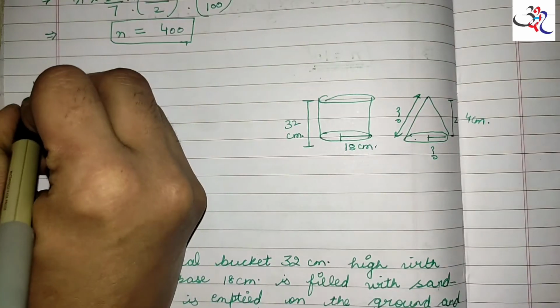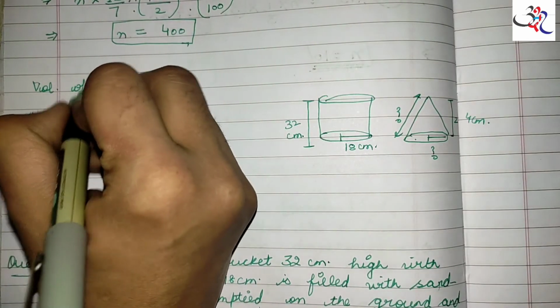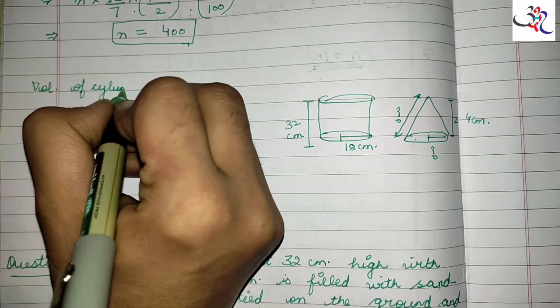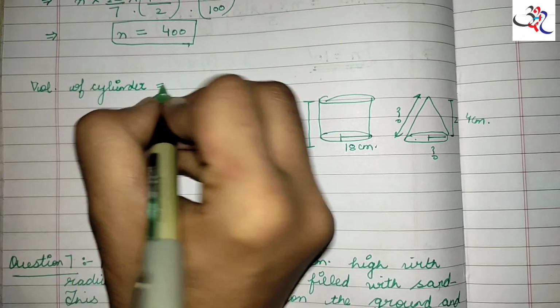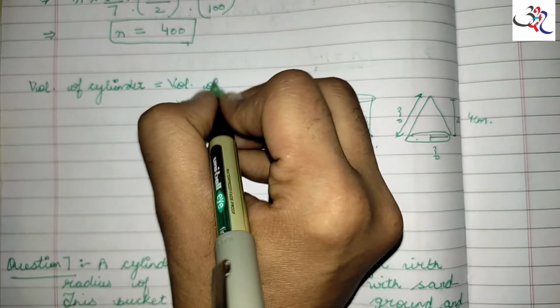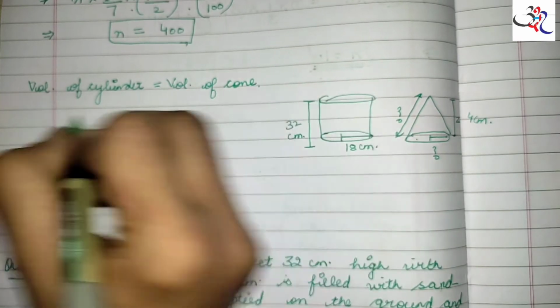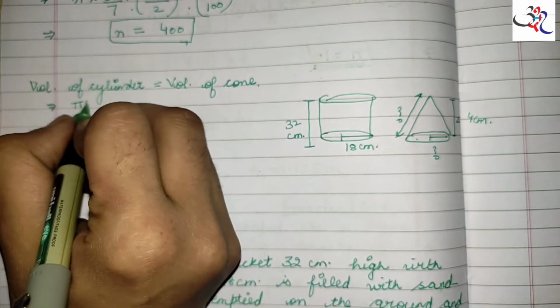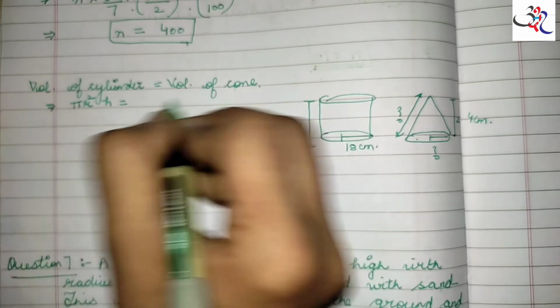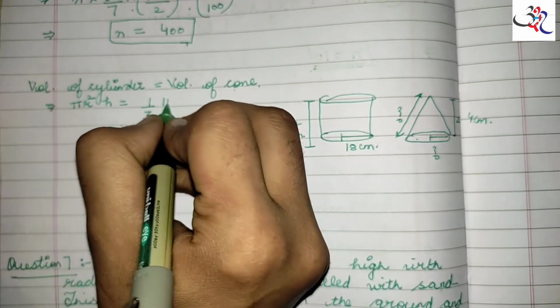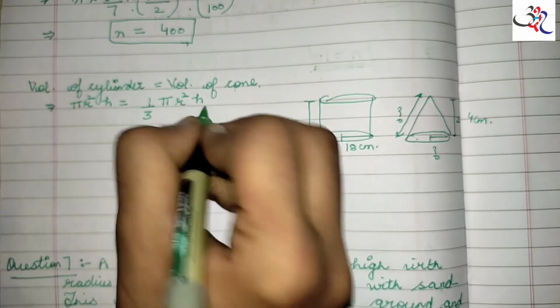So to find this, what will we do? We will do the same process which we have been doing till now, that the volume of the cylinder is equal to the volume of the cone. Volume of cylinder is pi r square h and the volume of cone is 1 by 3 pi r square h.